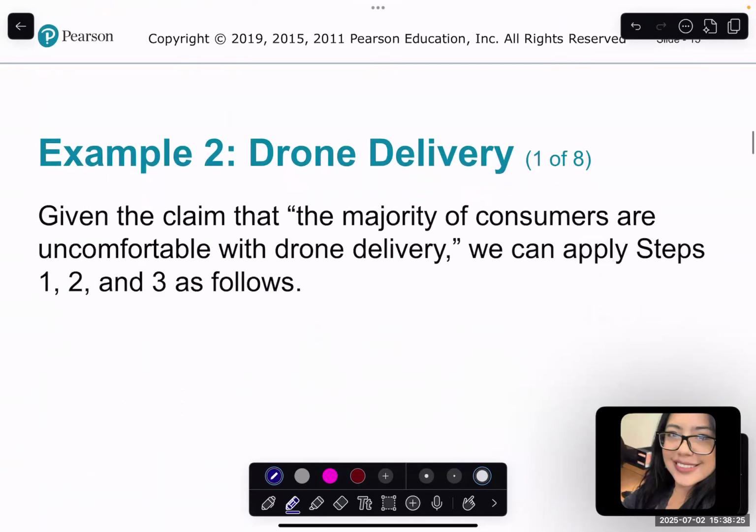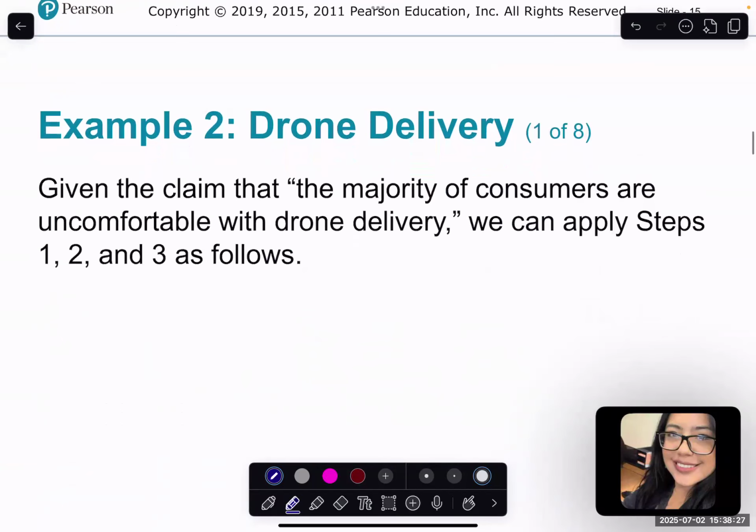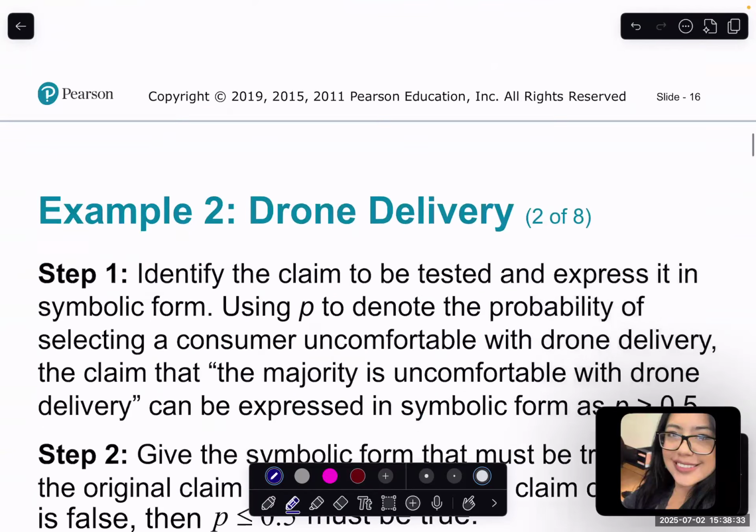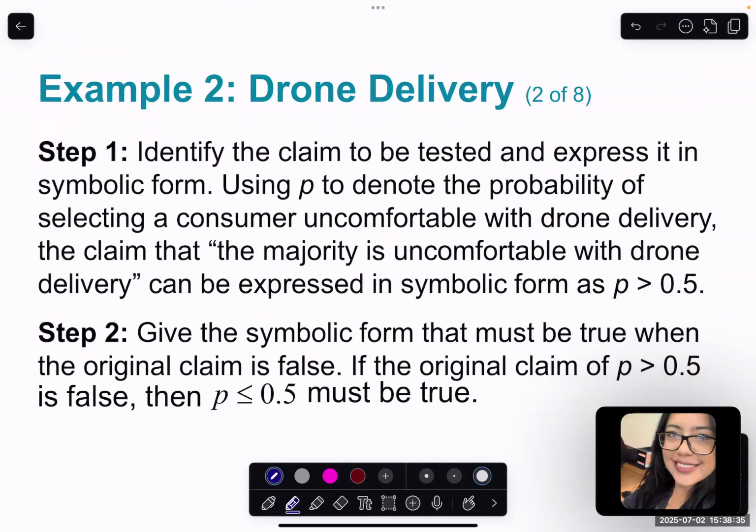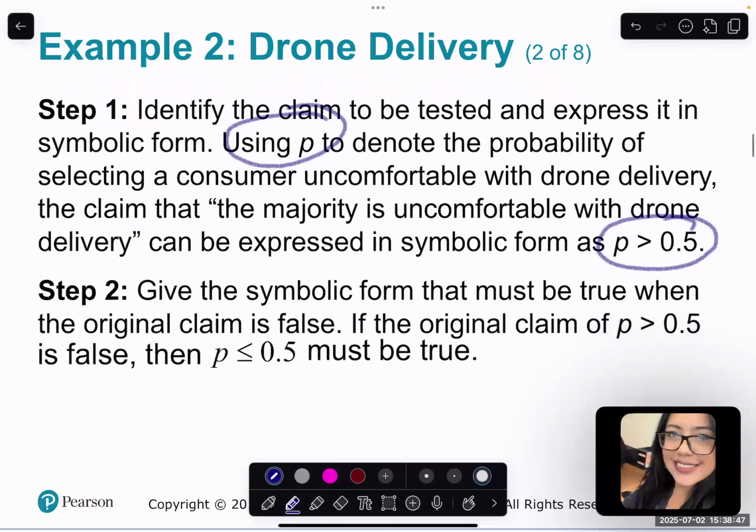So let's go back to this example. Given the claim that the majority of the consumers were uncomfortable with the drone delivery, we can apply steps 1, 2, and 3. We identify the claim as using a proportion p, the probability, that p is greater than half of the people.